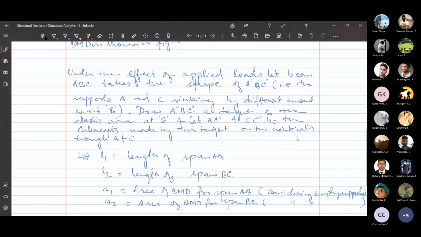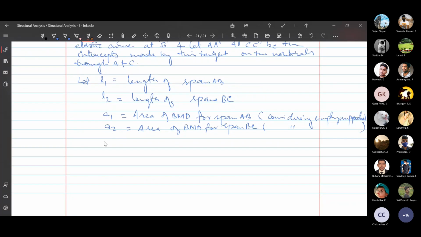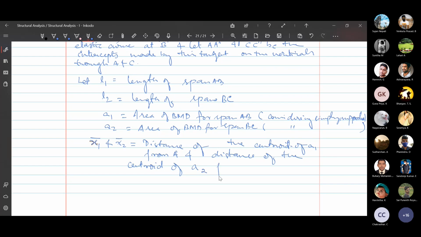So I'll write x1 bar and x2 bar simultaneously: the distance of the centroid of A1 from A, and the distance of the centroid of A2 from C, respectively.